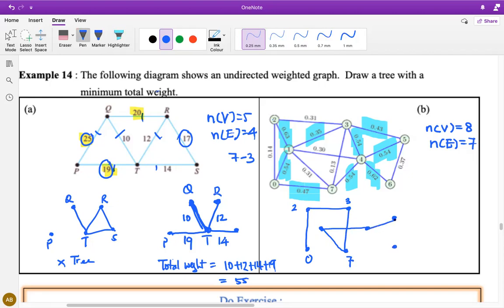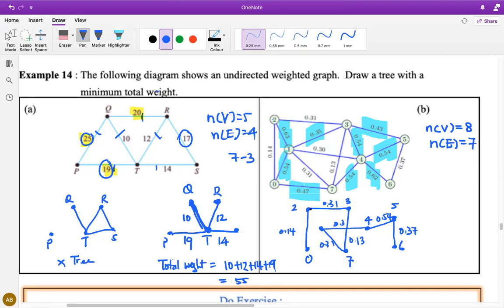So we go here, and then number 4, this one 5, this one 6. So we are using this route 0.37, 0.54, this one 0.3, 0.31, 0.13, 0.31, and 0.14. Okay, so you can try other routes, right?